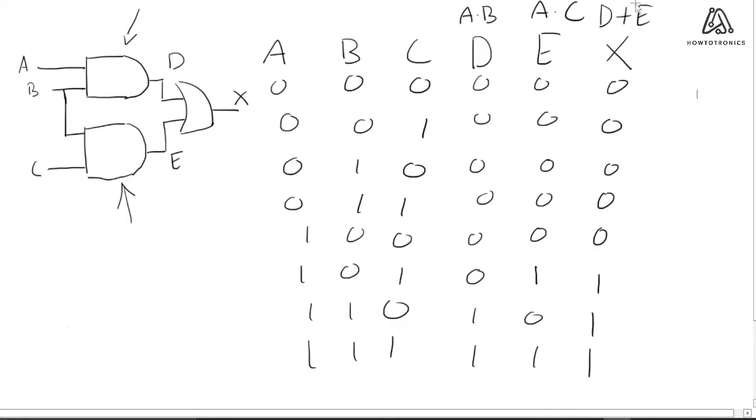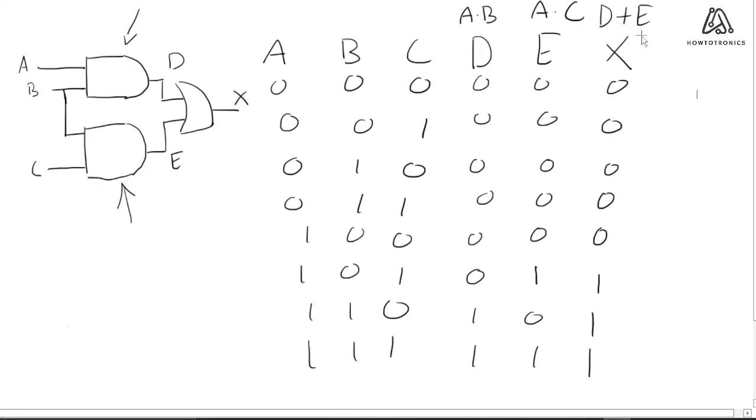We have our boolean over here. So we have our 2 inputs, A, B, because it's an AND gate, and we have A, C. There's also an AND gate, so their outputs are D and E respectively. And notice we have D plus E here because we have an OR gate over here. So do keep that in mind. It does change with every single gate, as we mentioned earlier.